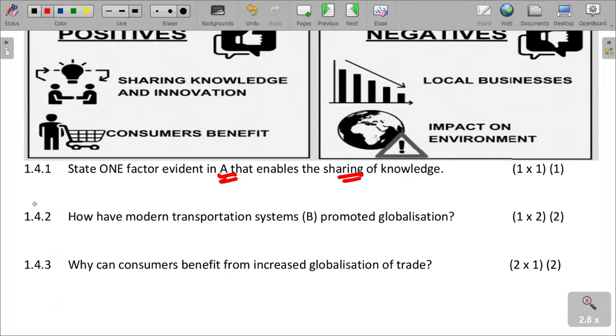We are saying one: availability of digital technology is important.